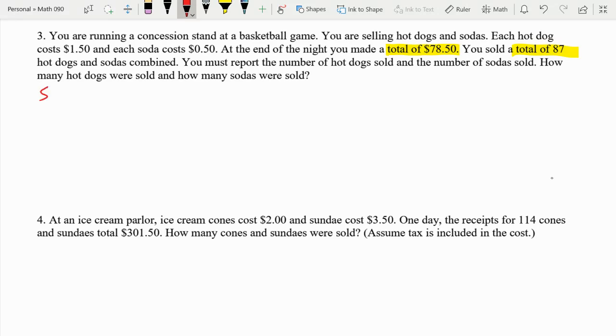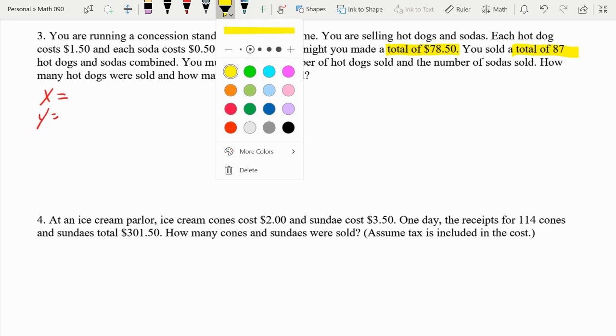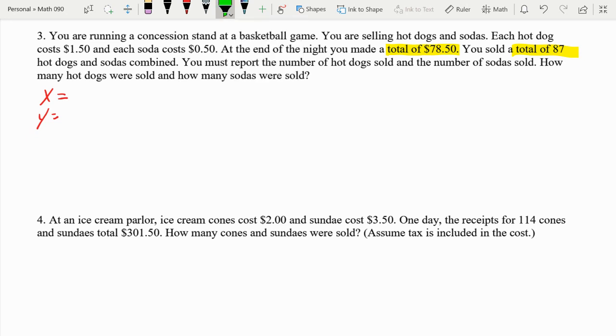Now let's figure out what our variables are going to represent. What do the variables represent? So x is going to represent, what does x represent?